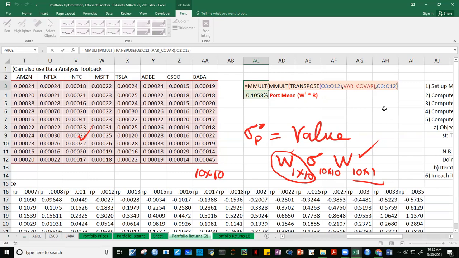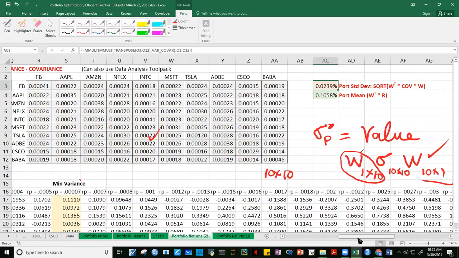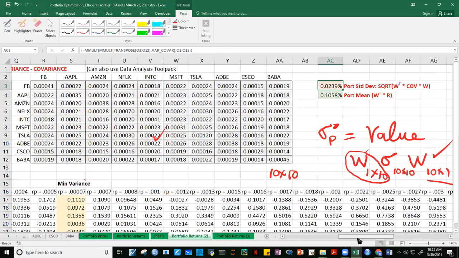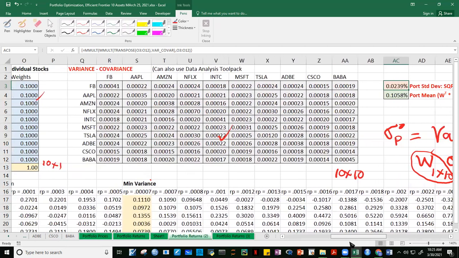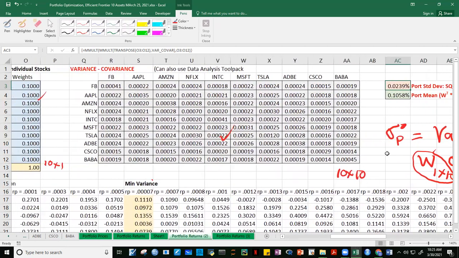Yeah, sure. Control Shift Enter. 0.0239%. Yes, sir. Tama. Okay, good. So may portfolio risk na tayo, no? Of course, yung risk na to, magbabago yan kung magbabago ng weights. Okay? Kasi the risk is dependent on the weights.